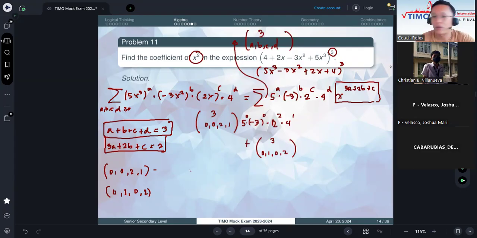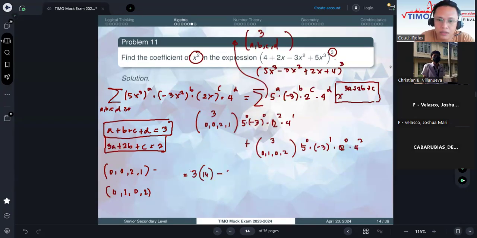Still, this is equal to, we still have 3. We have 5 to the 0 times negative 3 to the 1 times 0, times 2 to the 0 times 4 to the 2. So you will have 3 times 16. 4 times 4, 3 times 16.